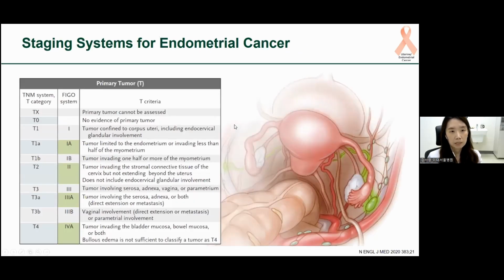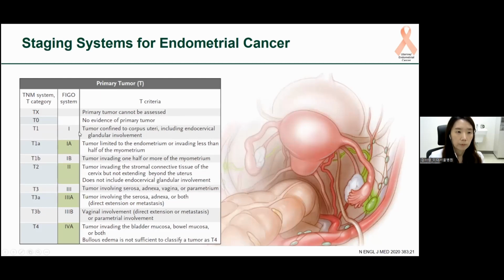So the staging system of endometrial cancer is similar to that of cervical cancer. The TNM system and FIGO system show very similar staging.